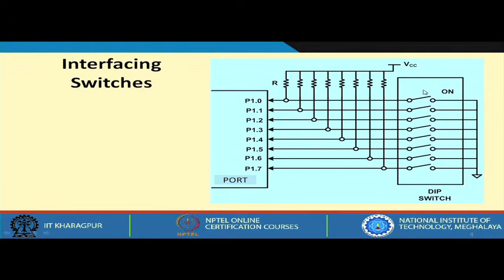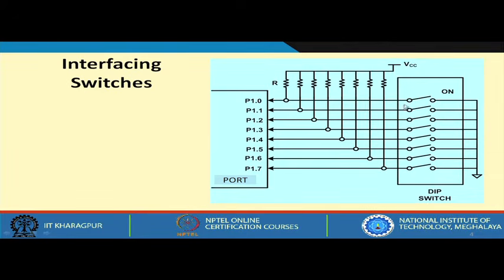But if you do not press it, it is open, then this line will be floating. So, you really do not know what voltage will be coming here. So, to be sure that you are having some voltage here, you connect some resistances on all the lines. These are called pull up resistances, and they are connected to a positive voltage, which can indicate logic 1.